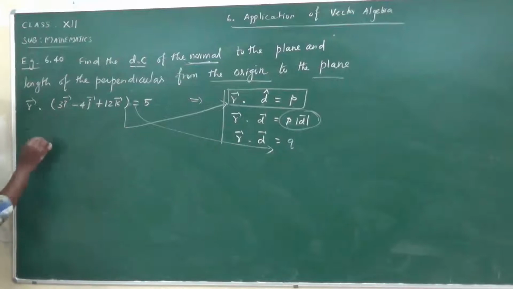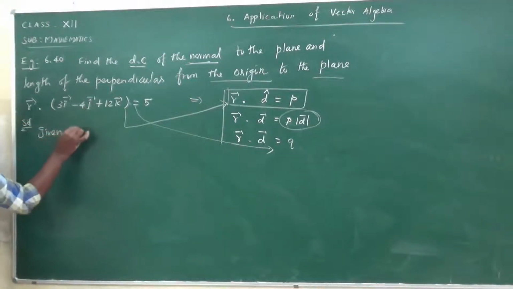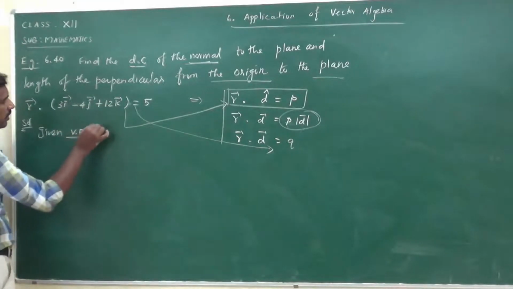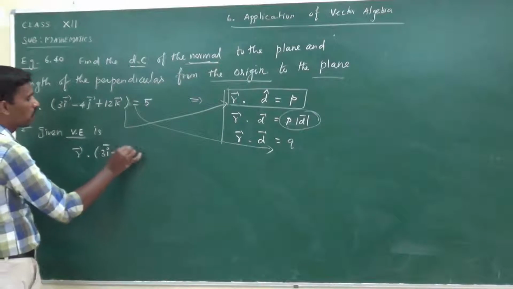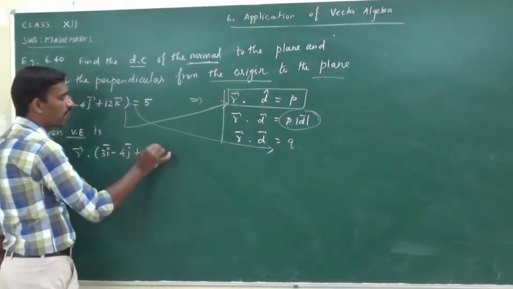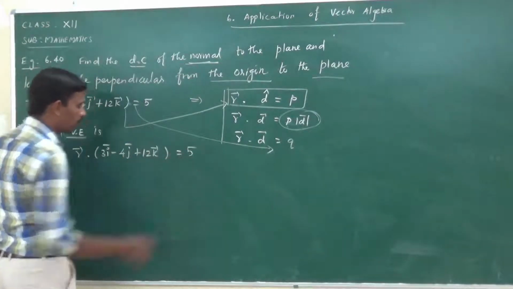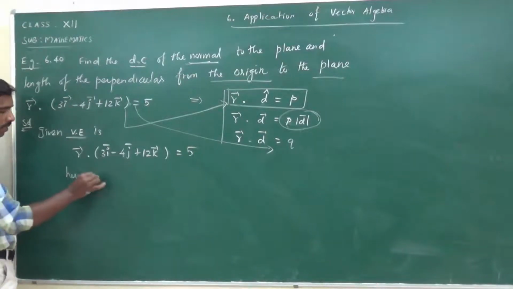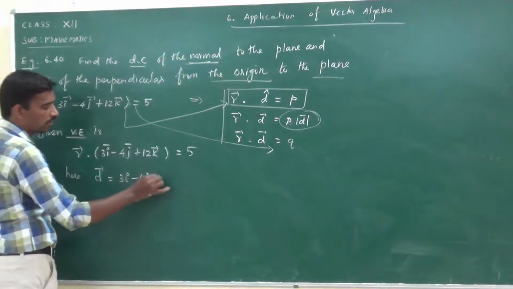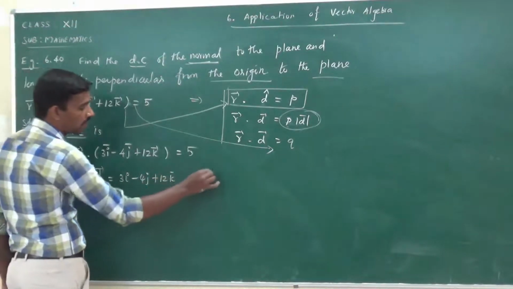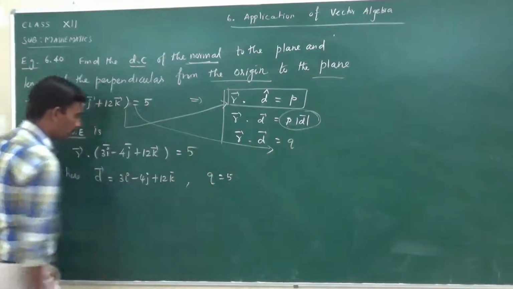Right. So solution. Given vector equation is r vector dot 3i vector minus 4j vector plus 12k vector, which is equal to 5. So here d vector is equal to 3i vector minus 4j vector plus 12k vector, and q is equal to 5.